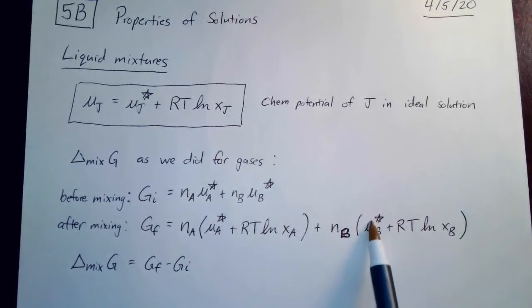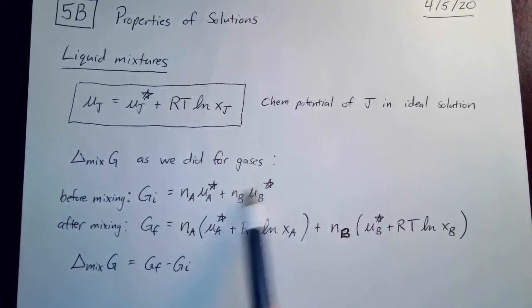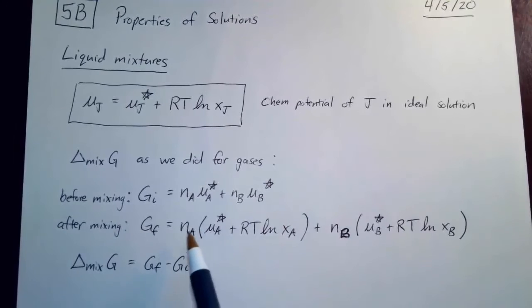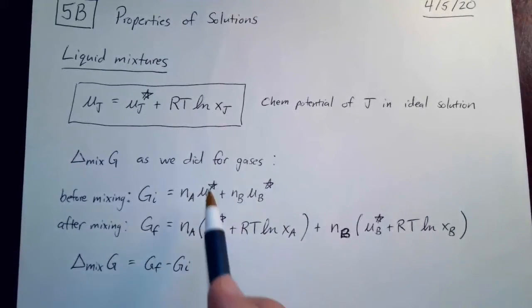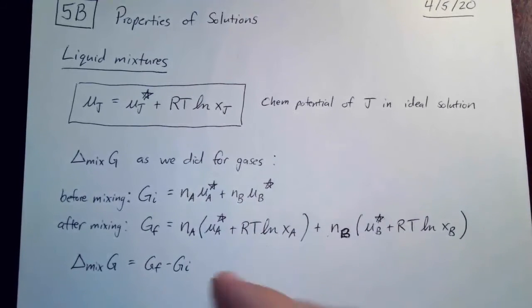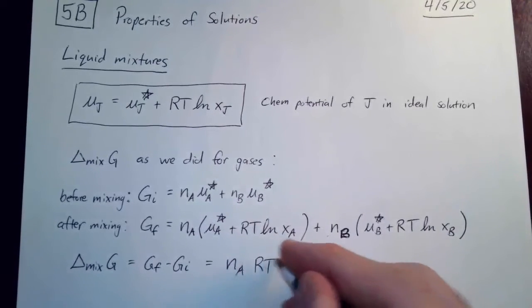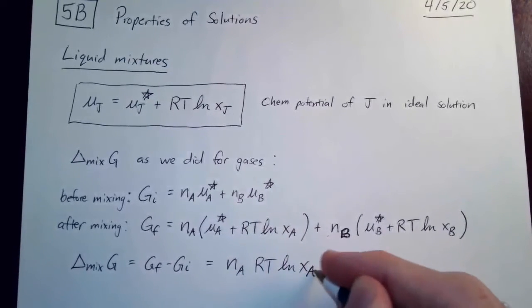And I'm subtracting from G final Gi, which has an nA mu A star plus nB mu B star. So we can see that this term is going to cancel with this term, and this term is going to cancel with this term. And what we'll be left with are just the RT ln terms. So I'll have nA RT ln XA.